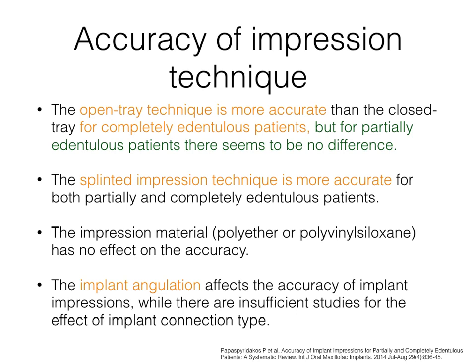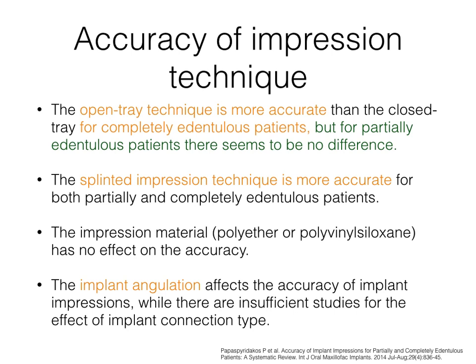You can see the difference between the open tray and closed tray technique actually affects the accuracy of the impression. This 2014 systematic review shows the open tray technique is more accurate than the closed tray technique if we want to treat the complete edentulous patient. That means if you need to do an impression for multiple implants at the same time, the open tray technique is more accurate.